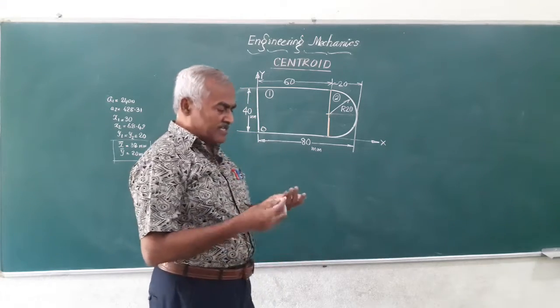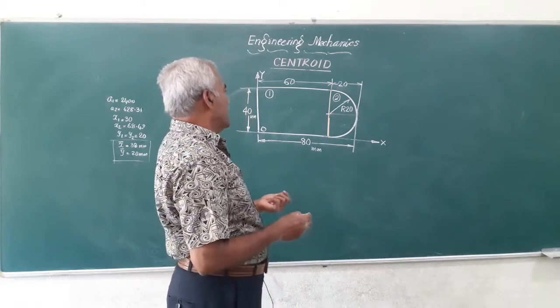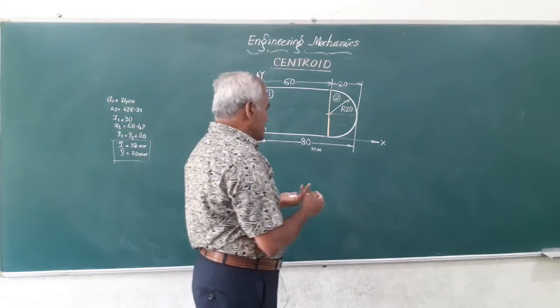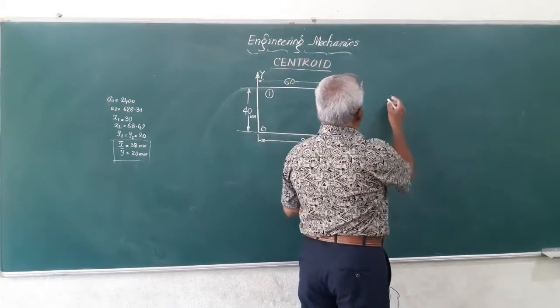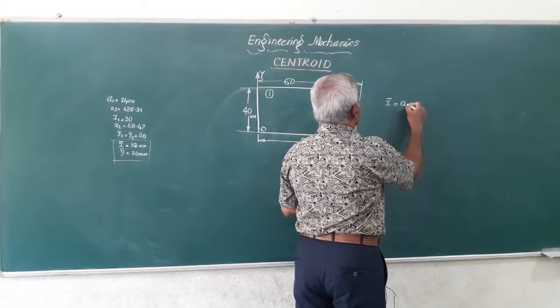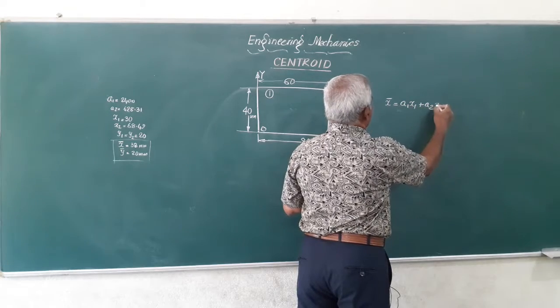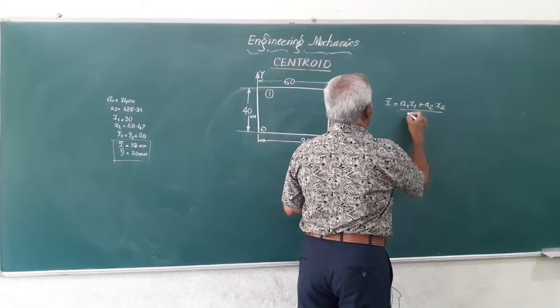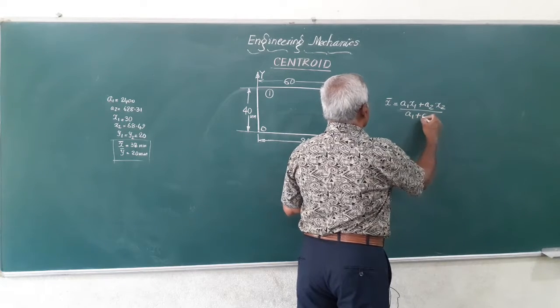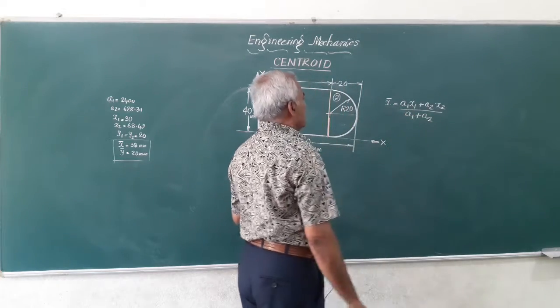We will follow the regular procedure using the formula to find x bar and y bar. The formula says x bar is equal to a1x1 plus a2x2 divided by a1 plus a2, where a is the area and x is the centroid distance.